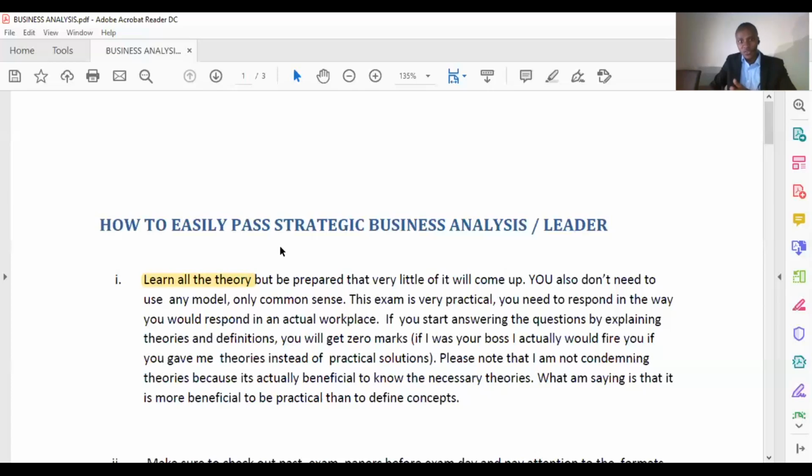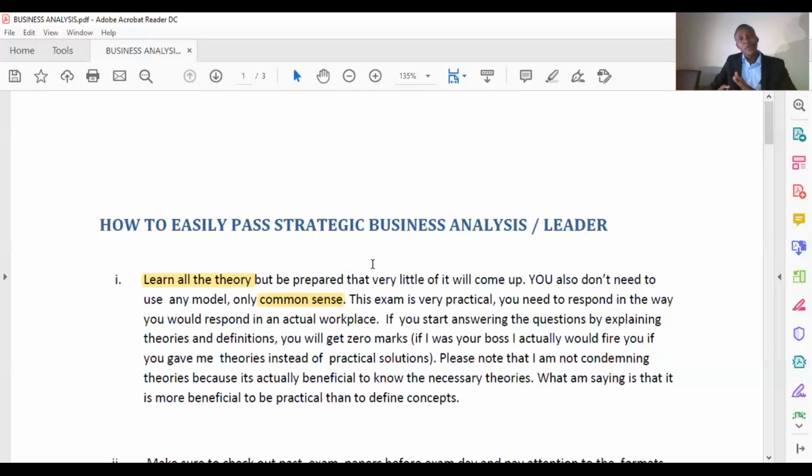When you learn all the theories, be prepared that very little of it will come up. So this means that you don't need to use any model in order for you to pass this exam. Even though you are finding it difficult to understand models, you can pass this exam because this exam is purely common sense. You need to think in this exam.